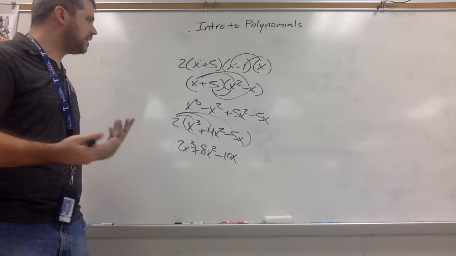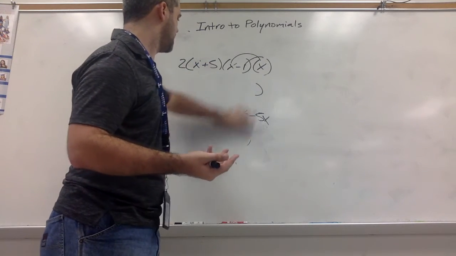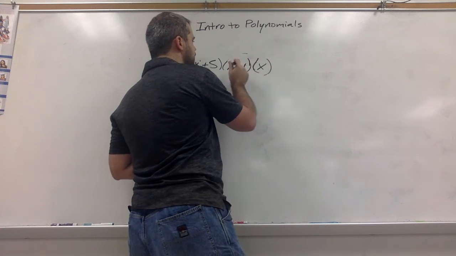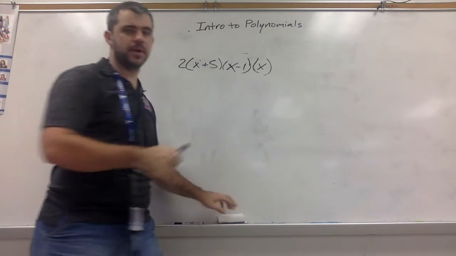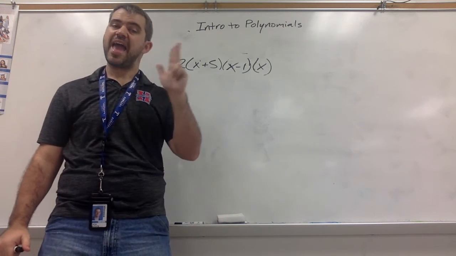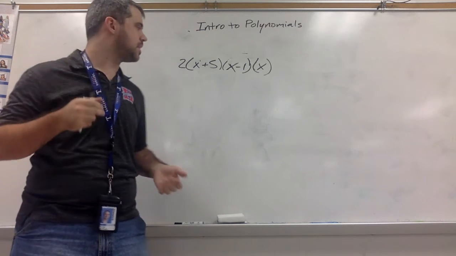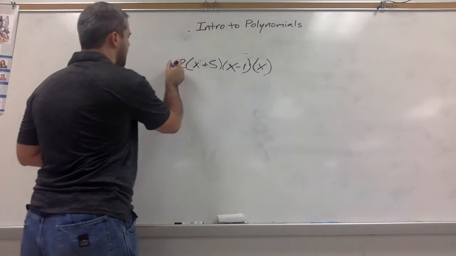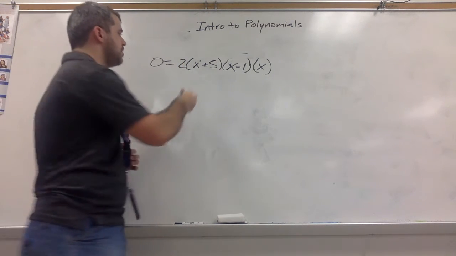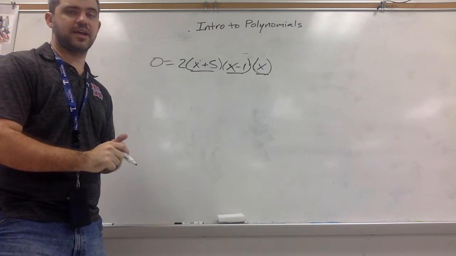So ideally, though, we really like to deal with a polynomial in this form right here. Because if we deal with it in this form, I know the leading coefficient, I know the degree, and I know all the x-intercepts. Well, how do I know the x-intercepts? The x-intercept is when y equals 0. And if y equals 0, that means either this guy, or this guy can equal 0.